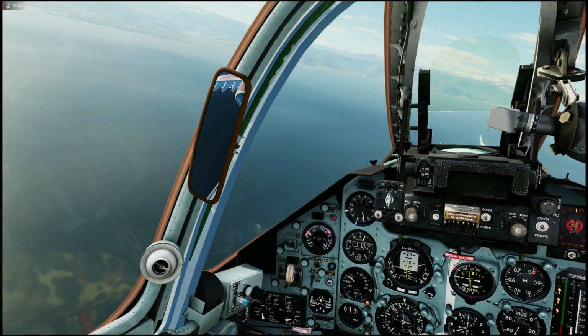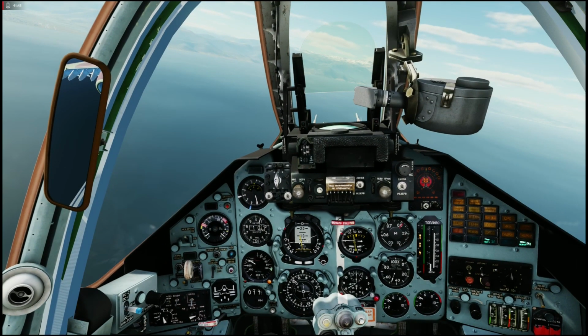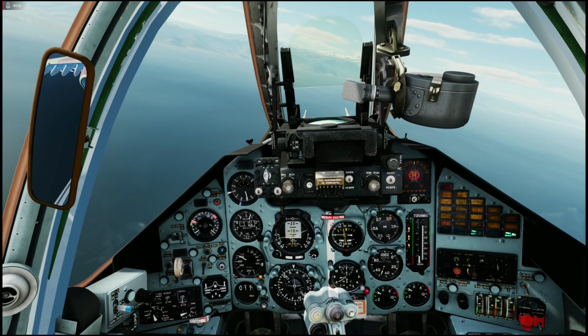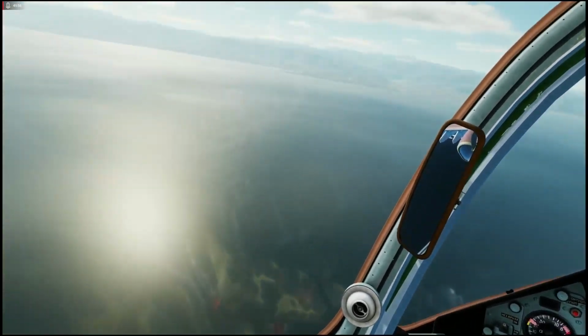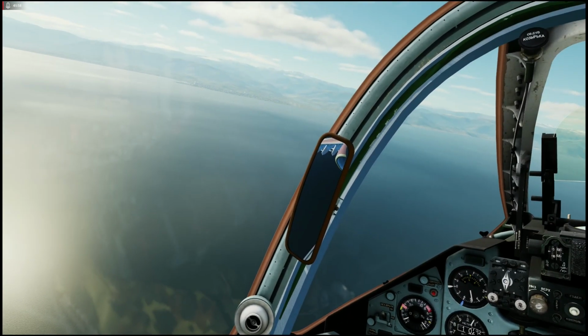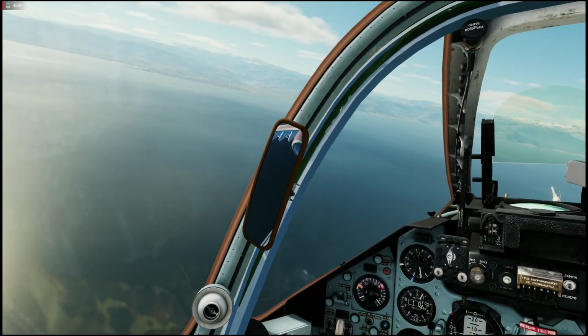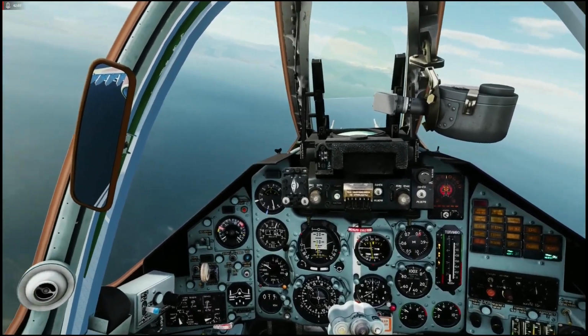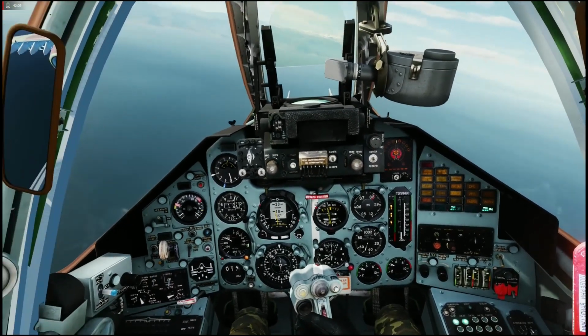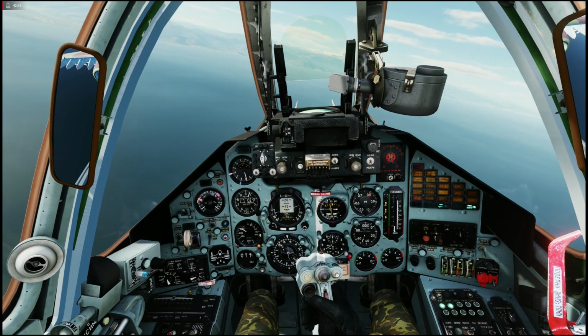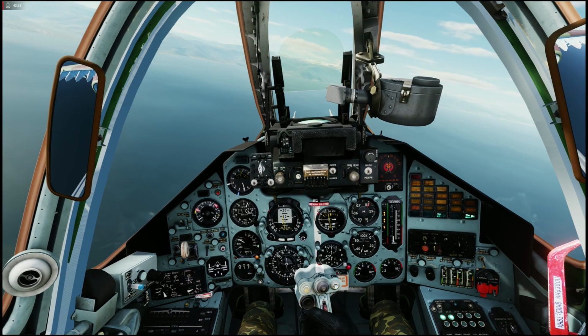If you are in VMC, as the Russians say it, visual meteorological conditions, or VFR, as they say in the West, visual flight rules, you can see the airport, you can actually see the runway also. You would just fly visually. But let's try following the glide path and the systems, so we know how to use that.